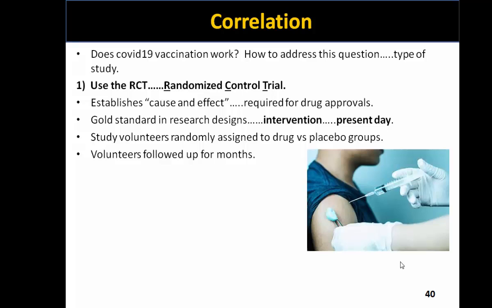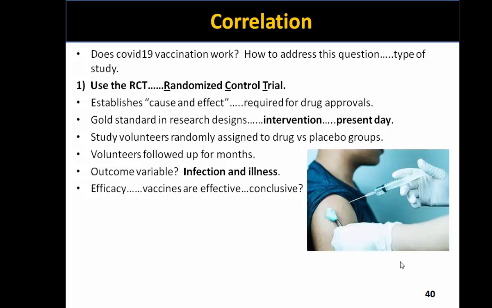The volunteers in both groups are then followed up for a number of months, and the outcome variable in a study like this would be the number of reported infections, illness, and, depending upon the study design, the severity of the illnesses. From these studies, efficacy is then determined mathematically. And so in answering that question, the vaccines are deemed to be either effective or ineffective, and are these results conclusive?